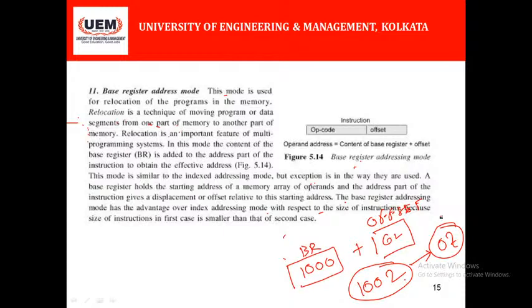The base register addressing mode has an advantage over index addressing mode with respect to the size of the instruction, because the size of the instruction in base register addressing mode is smaller than in index addressing mode.